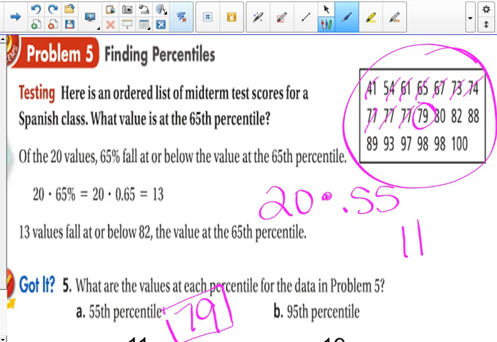How about the 95th percentile? You're going to go 20 times 0.95, which is 19. So let's see, if that was 11, 12, 13, 14, 15, 16, 17, 18, 19, so 98.